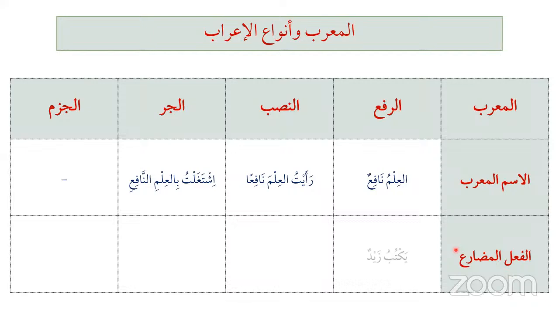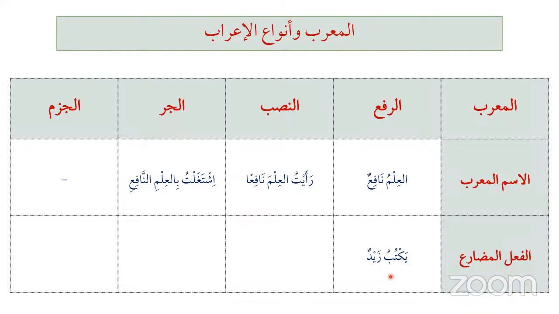So fi'l mudari experiences the state of raf. For example, we have here yaktubu zaydun. Zayd is writing. Now by default, a fi'l mudari, if there are no governing agents, awamil, like the words an, lan, kay, idhan, or li, which is lam amr, li yaf'al, or la nahi, which is la yaf'al, or lamma, etc., or in.